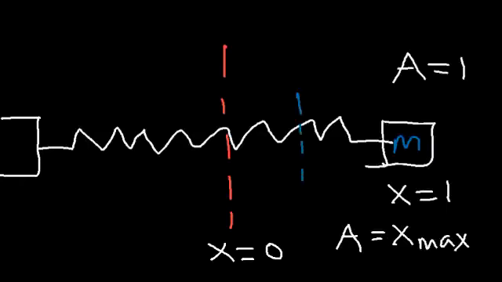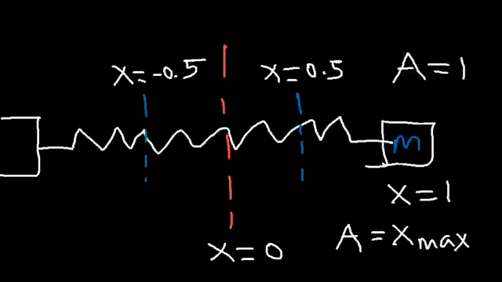At this position, X is 0.5, since it's to the right of the equilibrium position. And at this position, X is negative 0.5. So let's say K is 100 newtons per meter.